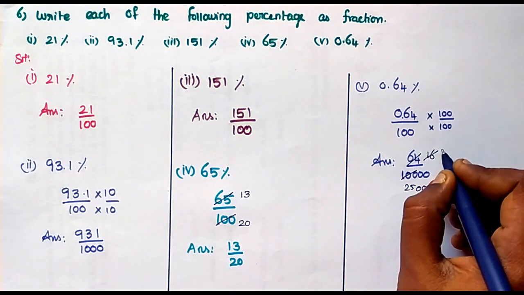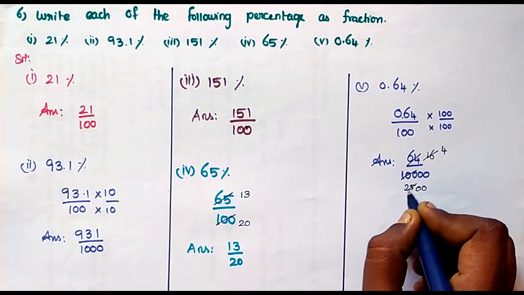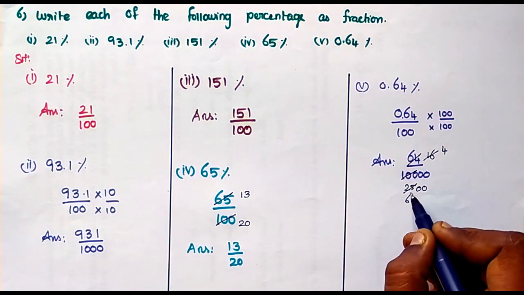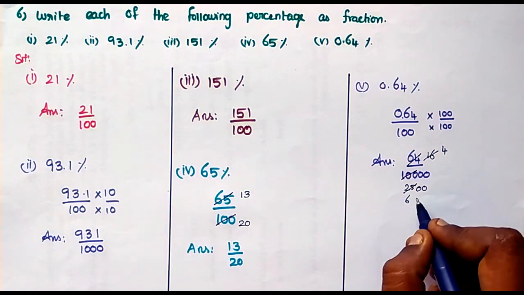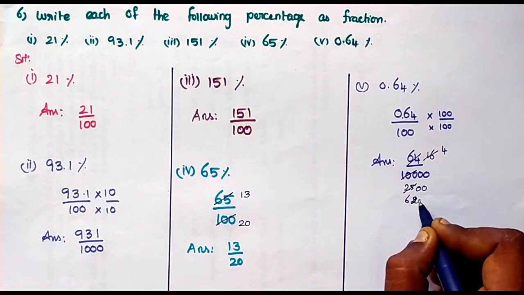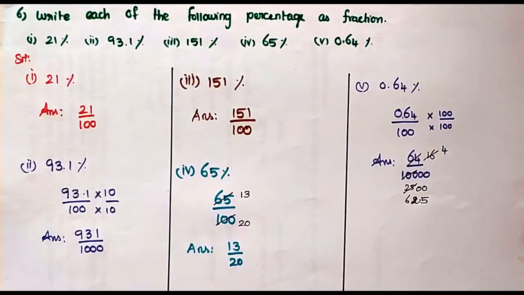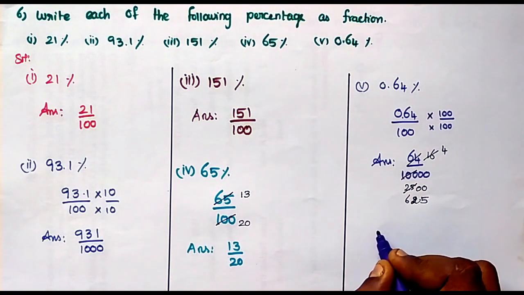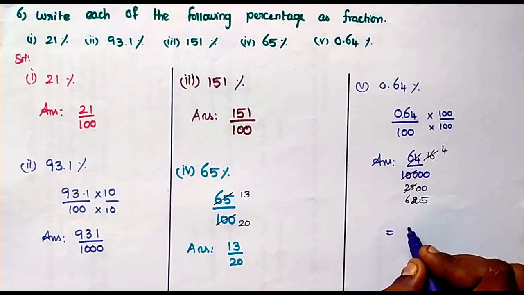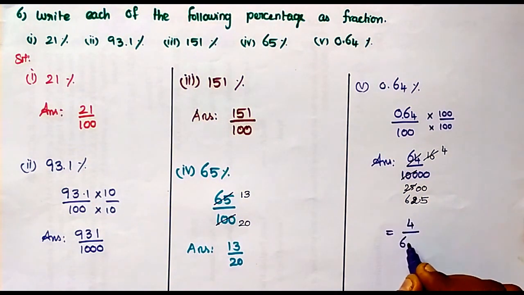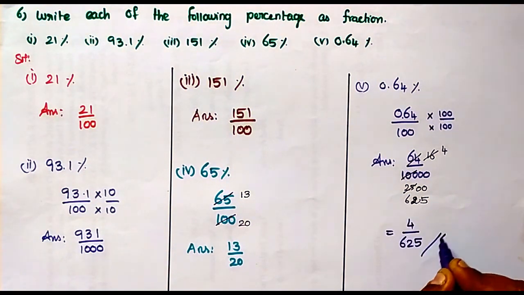Again fourth table, 4 fours are 16, 6 fours are 24, balance 1, it becomes 10, 2 fours are 8, balance 2, it becomes 20, so 5 times. Answer: 4 by 625. That is the answer.